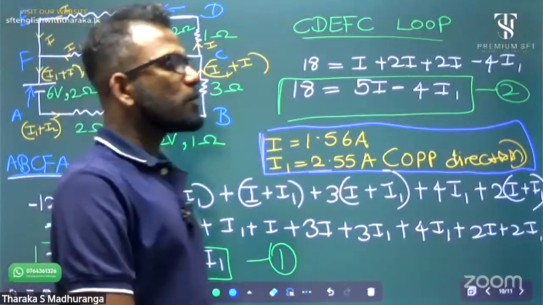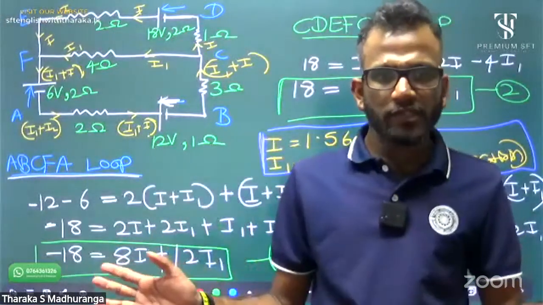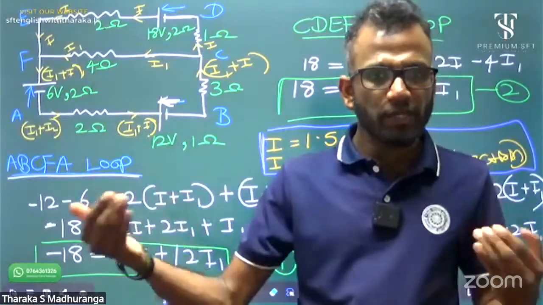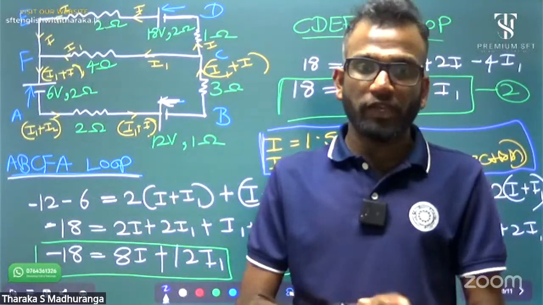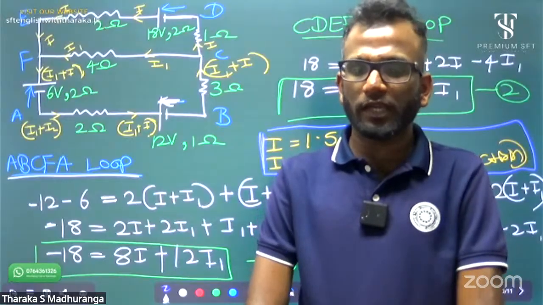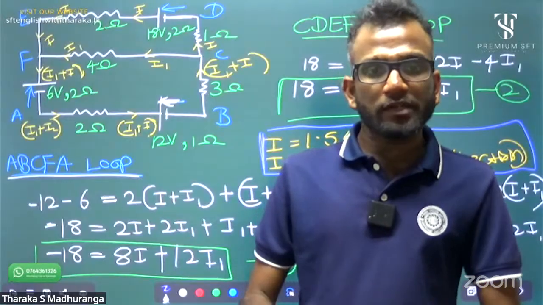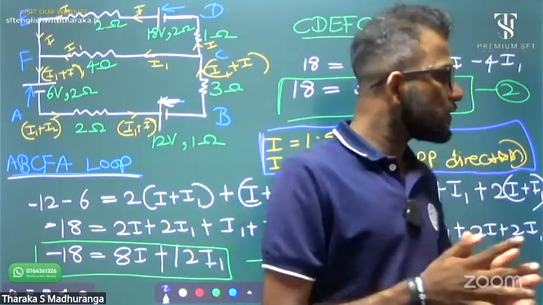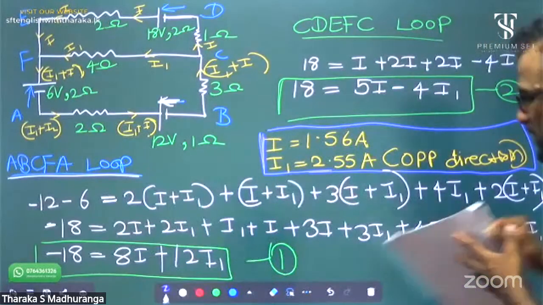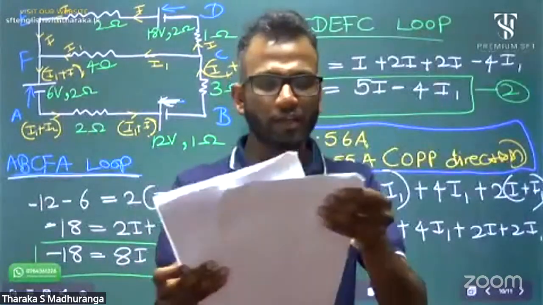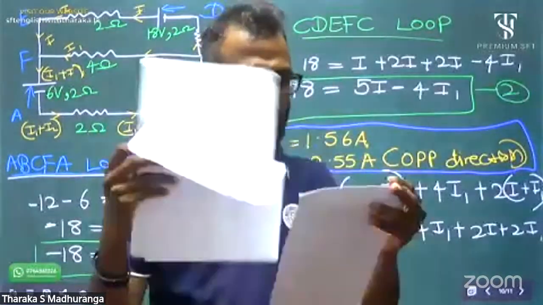Okay, then I'm going to complete Kirchhoff's laws, and let's meet next week with magnetic fields, our next part of the electricity lesson. I have given a lot of papers in our final tute pack. You have these, right?